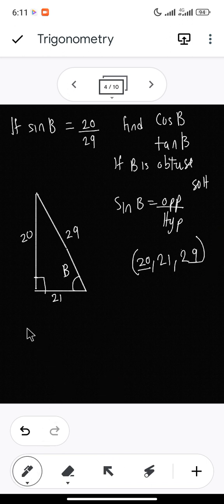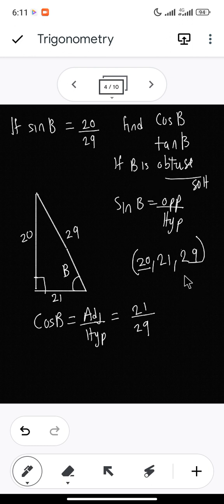So we can quickly solve. Now, cos B is equal to adjacent over hypotenuse. What's your adjacent? Your adjacent is 21, your hypotenuse is 29. But for the fact that they said B is obtuse, remember our quadrants, C-A-S-T. So in the second quadrant, only sine is positive. So our answer will be negative 21 over 29.